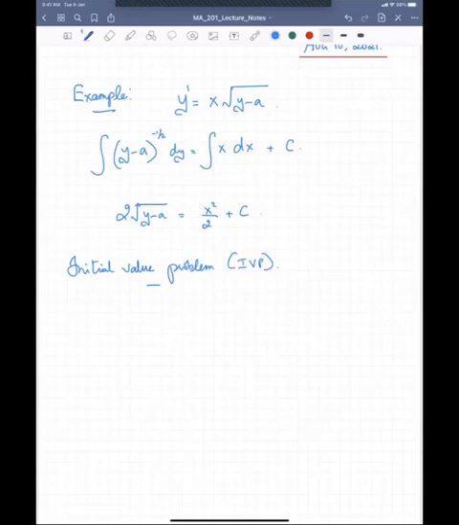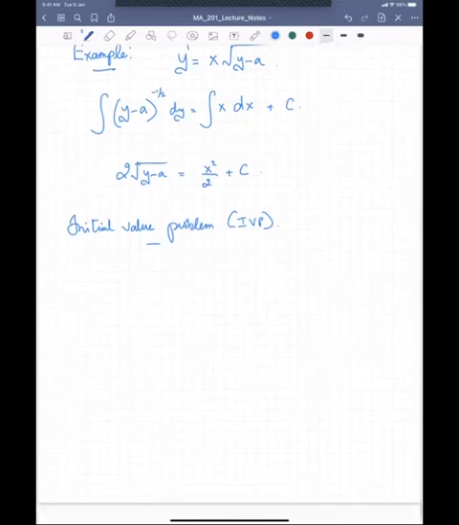But suppose I give you some initial value at x equal to, I don't know, 10 and y is just 2 or something like that, then you can fix the constant c using this initial value, and that gives you a particular solution for this differential equation. So right now we have a whole bunch of solutions with varying c's. But once you fix c by appealing to an initial value, you get a particular solution to this differential equation.